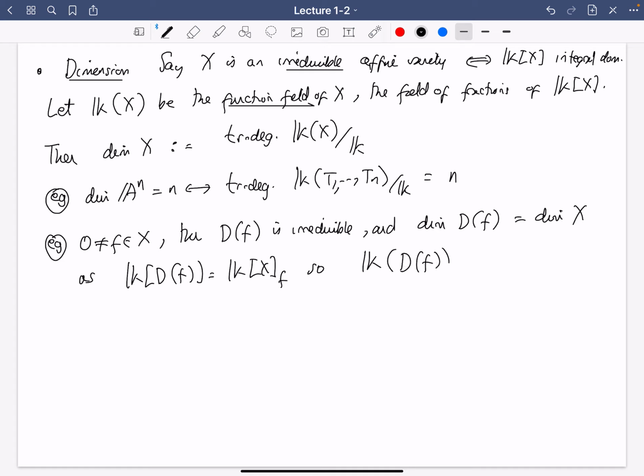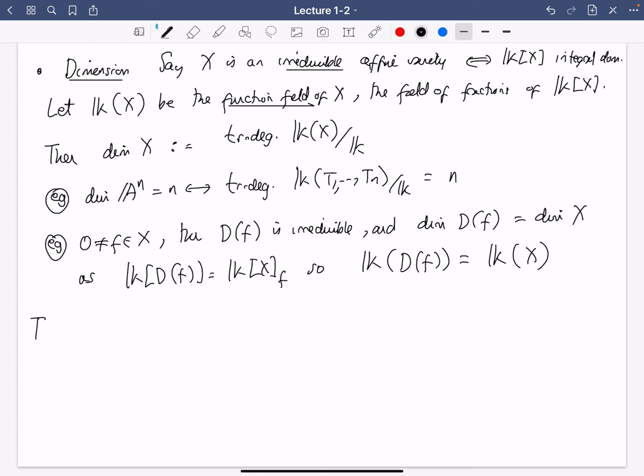So the coordinate algebra is just a sort of a partial localization of the coordinate algebra of X. So its field of fractions is just the same as the full localization at all non-zero functions. So they have the same function fields, hence this transcendence degree is the same, and they've got the same dimension.